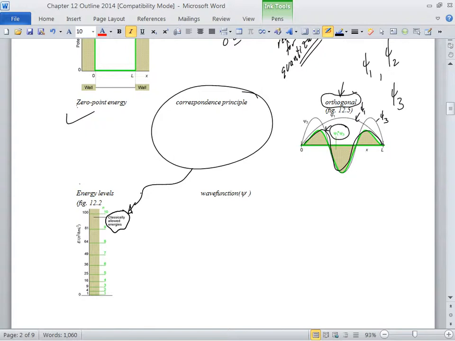There's no quantization. You can throw baseballs whatever speed you want. That electron can take on whatever speed it wants. It's almost like it's escaped. There aren't any boundary conditions there anymore. It's kind of odd, and I think this is an oddball thing. It's showing some difficulties with quantum mechanics.